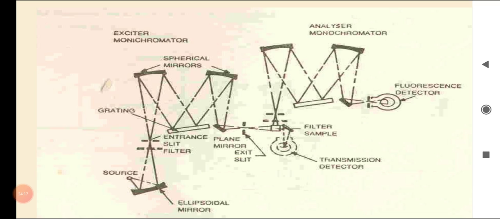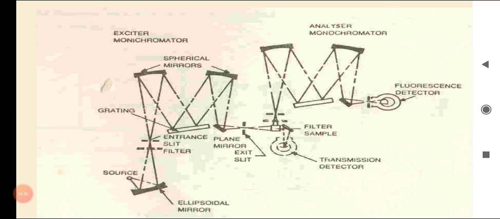Here a grating type monochromator is used. The spherical mirrors reflect this energy onto the grating, that is the exciter monochromator. The grating monochromator works as follows: when light falls on it, it has highly polished grooves.